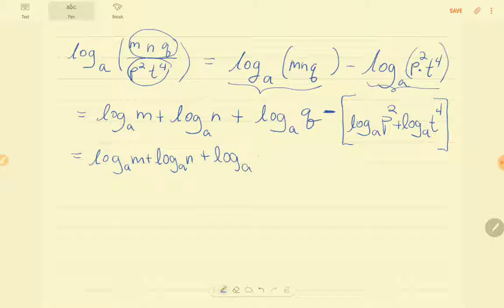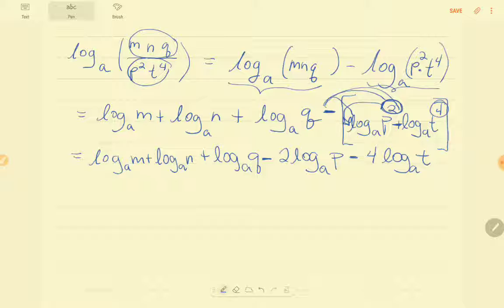I'm going to distribute the negative, but I'm also going to move this exponent in front of this log, so that it's 2 times the log base a of p, and then the negative also gets distributed to this part. So I have negative, and then I also want to move this in front for log base a of t. Alright, so if you could handle that, you're alright.